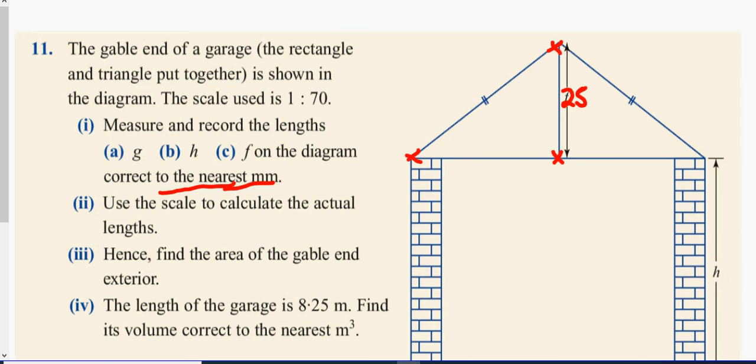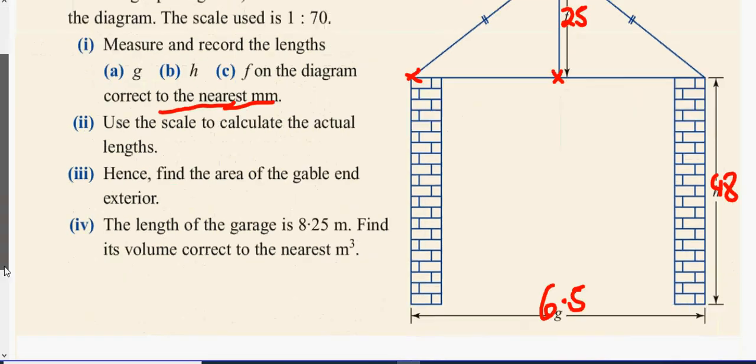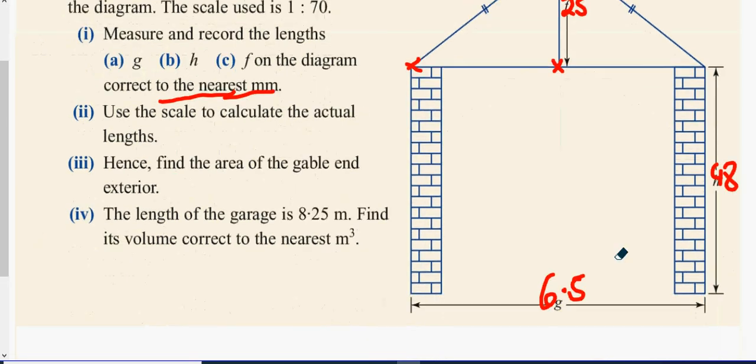You have it measured in centimeters. So that's 48, and this is 65. It asks for millimeters, so I'm going to give it in millimeters. In the back of the book, it's centimeters. Then they should probably get their act together, shouldn't they? I'll just do what it says here.